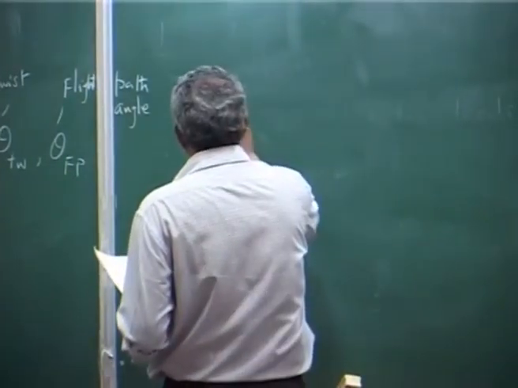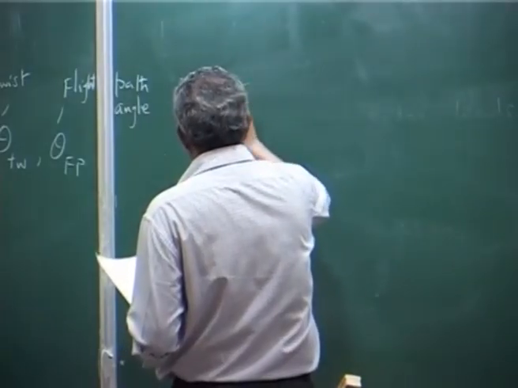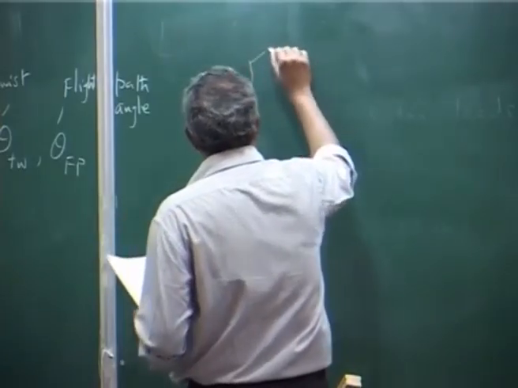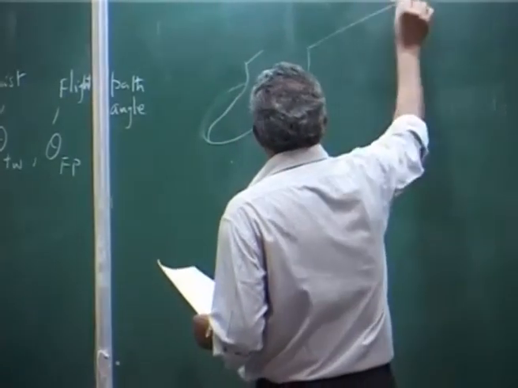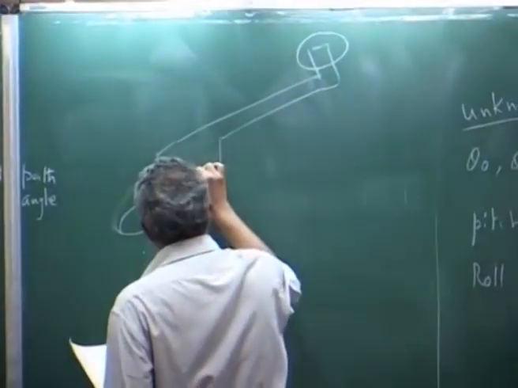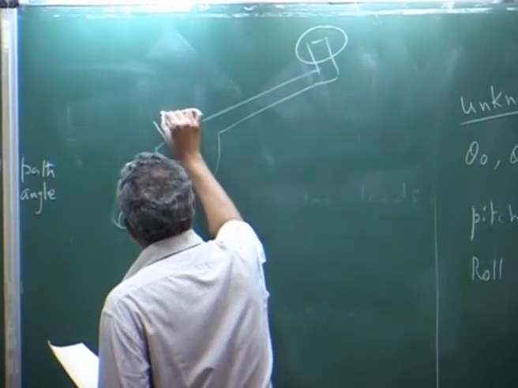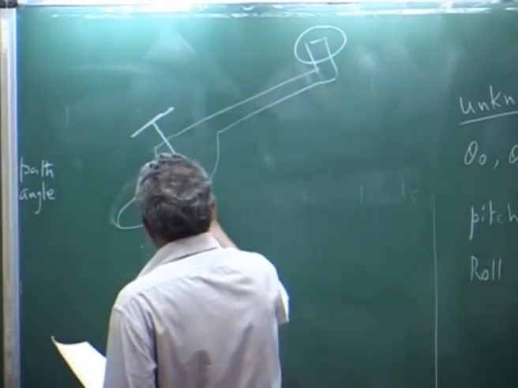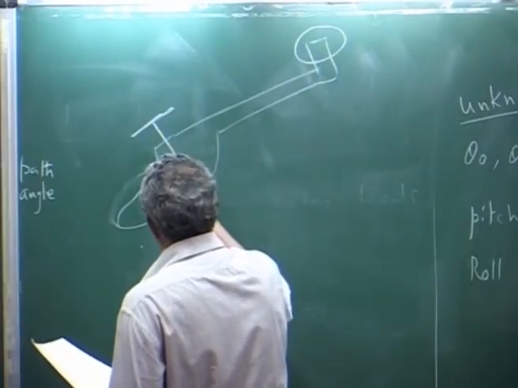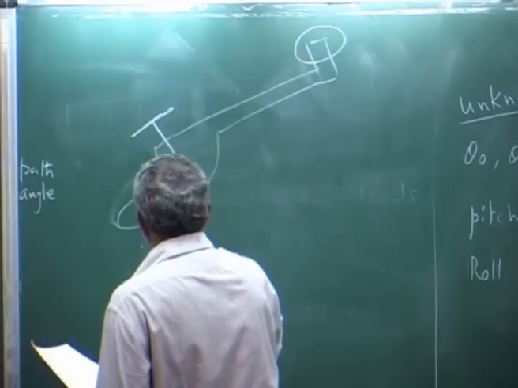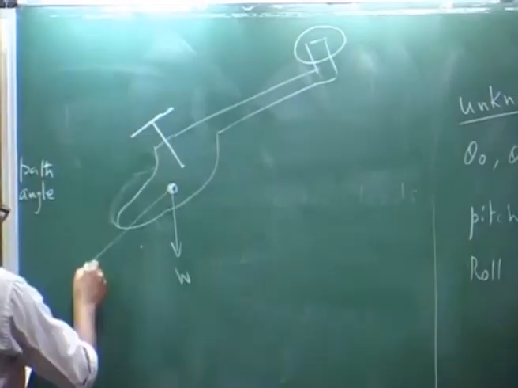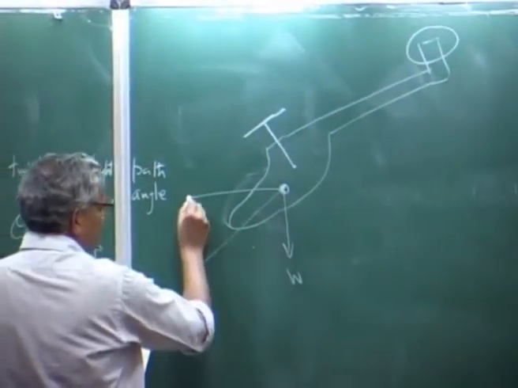The diagram is, and you may have your CG somewhere here, this is weight, and the horizontal, this is your longitudinal, this is the horizon.